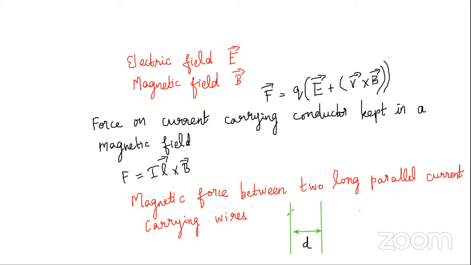You are having current I1 here and I2 here. On conductor 1 the current is I1, on conductor 2 the current is I2.